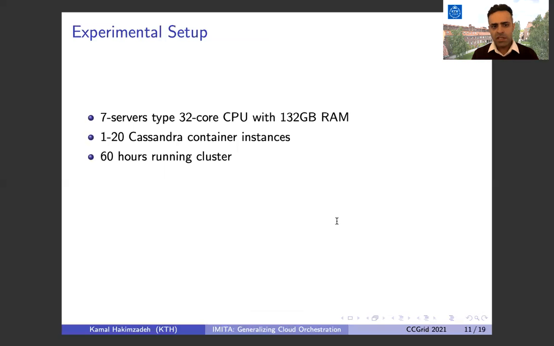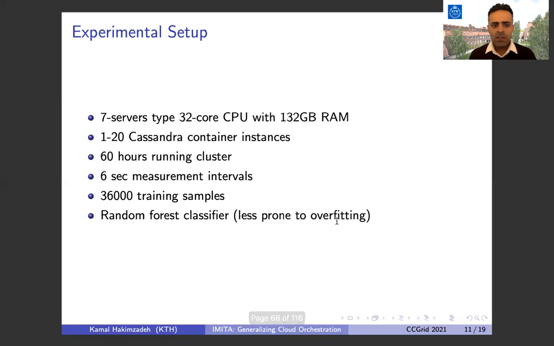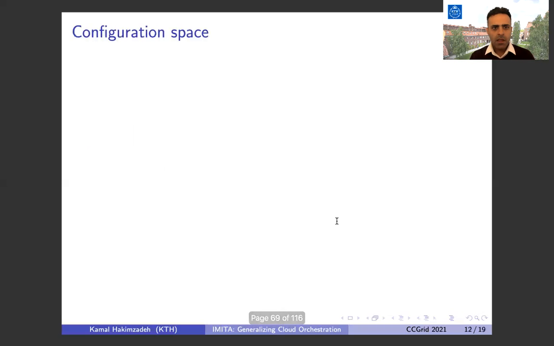We run the entire cluster for 60 hours, and we use 6-second measurement intervals, which gives us 36,000 training samples. We use the random forest classifier, first because our algorithm is agnostic to which classifier is used, and also because random forest is less prone to overfitting.